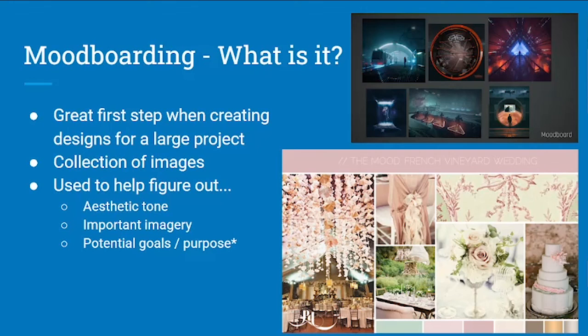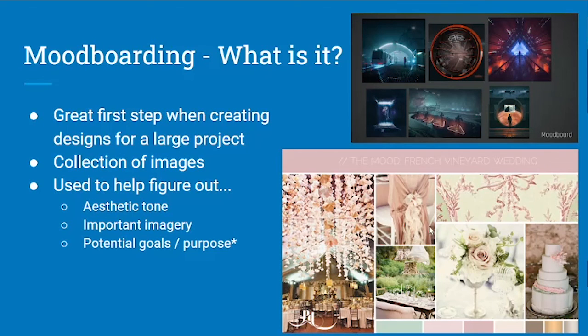But it's used to help figure out what sort of aesthetic tone you want to convey in your design, any sort of important imagery, as well as how you're going to convey the goal or the purpose of whatever you're making. So here we've got this really cool mood board up here. The words that come to mind are cyberpunk, futuristic, dystopian.